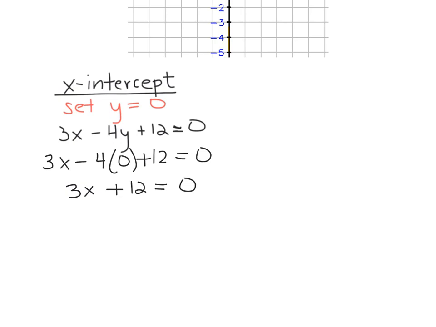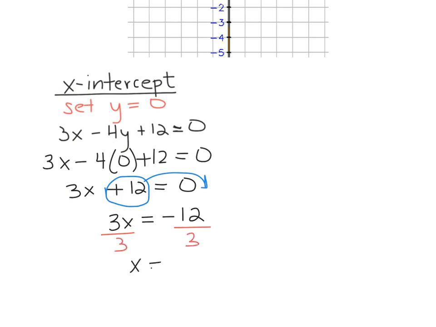So now by isolating for x, that's going to require me to collect some like terms. So what I'm going to do is I'm going to separate my terms by bringing this 12 over to the right-hand side. When I do that, that positive 12 is going to turn into a negative 12. And then to isolate for x, we're going to divide both sides by 3.